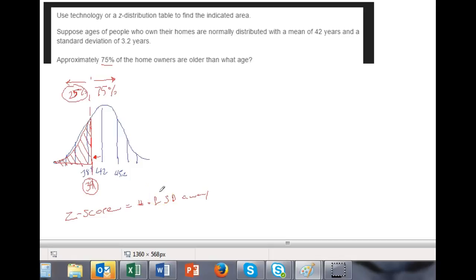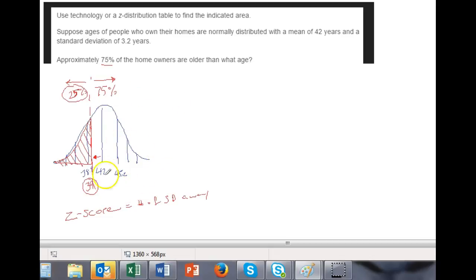The z-score is often going to be a decimal because it's a fraction of a standard deviation. So it might be 1.5, which means 1.5 standard deviations, or it might be 2.1, which means 2 and a little bit more of a standard deviation.